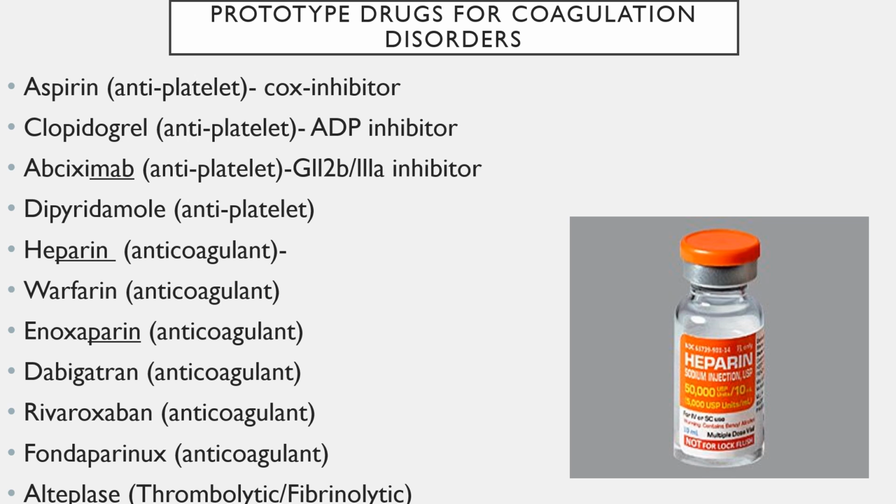The rest of the slide, except for the last one, they're anticoagulants. They're going to impact the coagulation system, which is a series of clotting factors, which finally results in a very strong fibrin clot at the site of the bleeding.